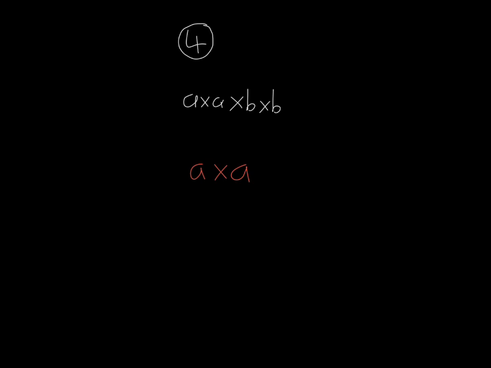So for example, when we multiply a by a, we know that both of these variables have an invisible 1 at the top, right? So that means that when we multiply them together, because they are the same base, we keep the base and we add the exponents. And we know that 1 plus 1 gives us 2. And that is how we know that a times a is a squared.